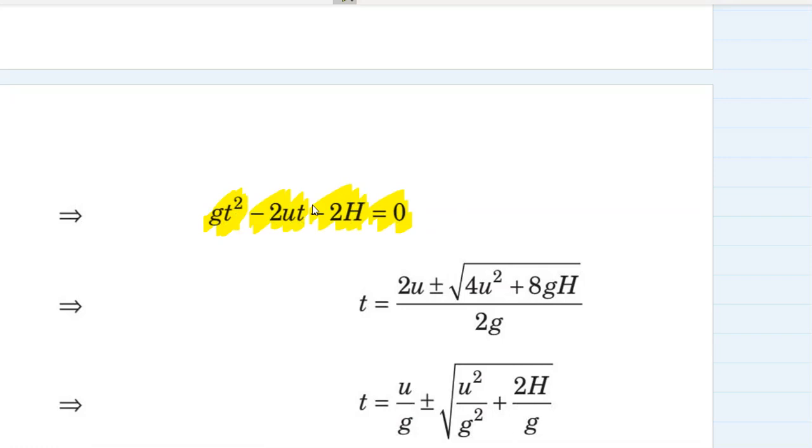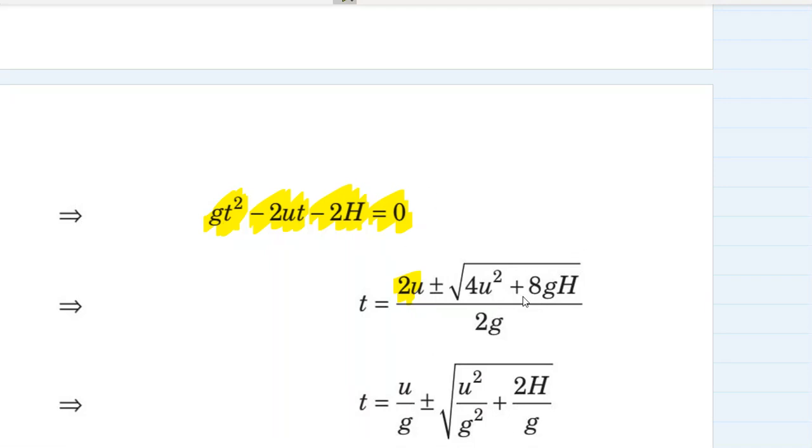Now, from this equation, which looks like a quadratic equation, you need to find the value of t. So you can use the quadratic formula, which gives you the value of t as 2u. You remember the quadratic formula, right? So if you put the values of a, b and c in the quadratic formula, b square minus 4ac, which is in the bracket, which is the discriminant, upon 2a, right?